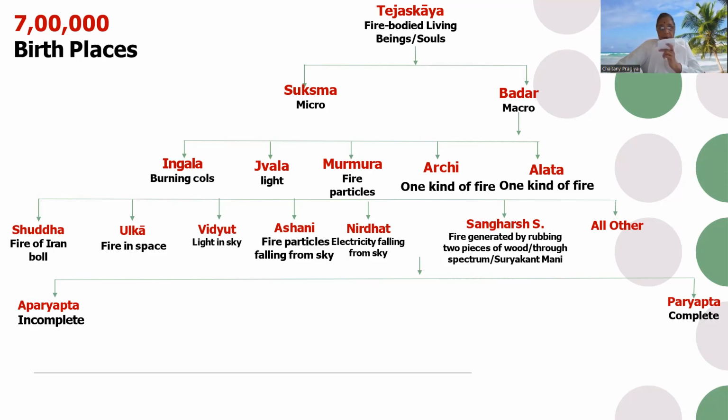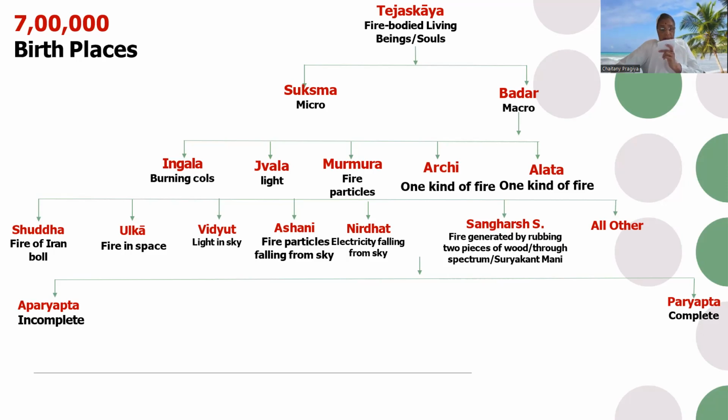Apart from this, there are other forms of fire. One is known as Shuddha, which means fire of an iron ball. There is Ulka fire, which comes from space.